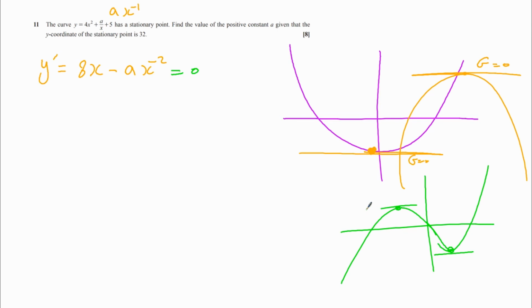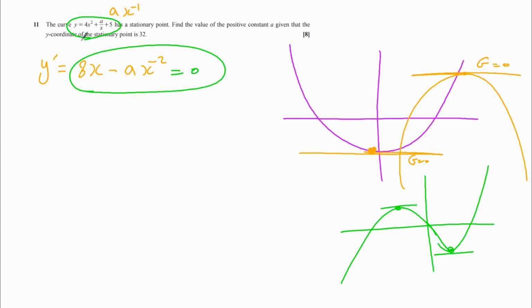In different forms, a stationary point is always where the gradient equals 0. The x that we find gives us the stationary point, and if we replace that x back into the function, we find the y coordinate of that stationary point.